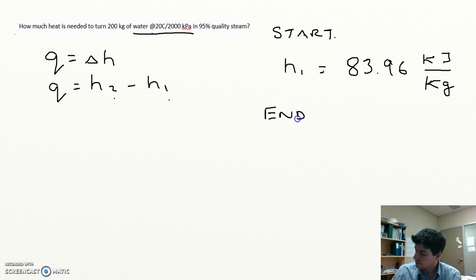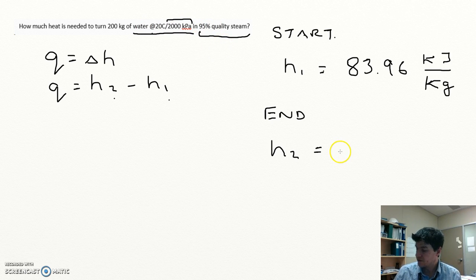My ending point is going to be what I would consider to be my H2 value. And what that is, if I look up at my question, is 95% quality steam. What conditions though? Well, it's going to be still at that 2000 kilopascals. So assuming the constant pressure process that happens while I'm heating is that the boiler retains its pressure as it's heating up colder water all the way up to steam.